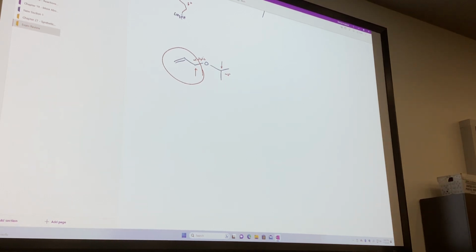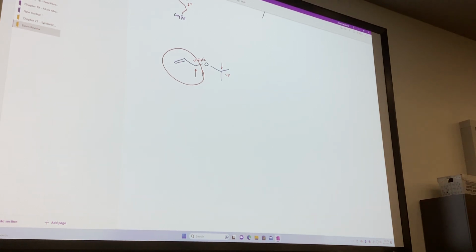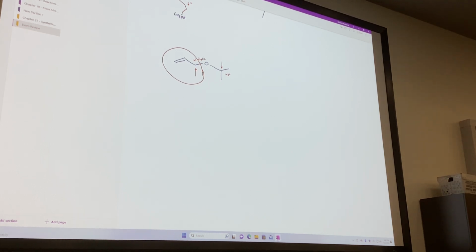It's more predictable on a secondary or primary system. And remember, the mechanism is SN2, so we couldn't use it for a tertiary, but we wouldn't need to, because HX will work just fine on the tertiary system. But for a primary and a secondary, PX3 would be the most useful.